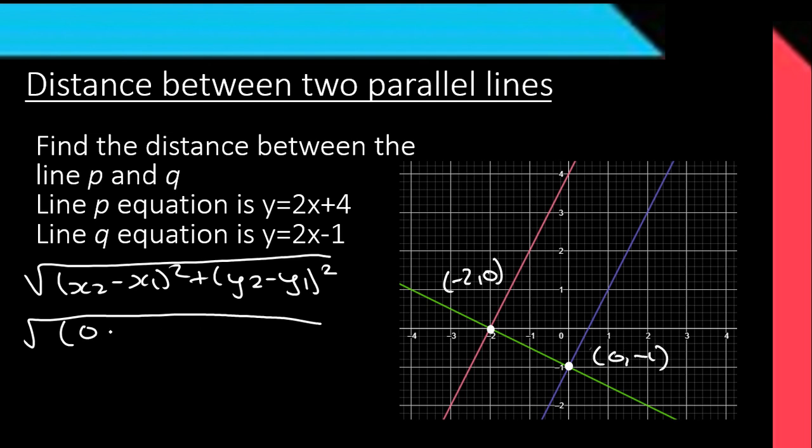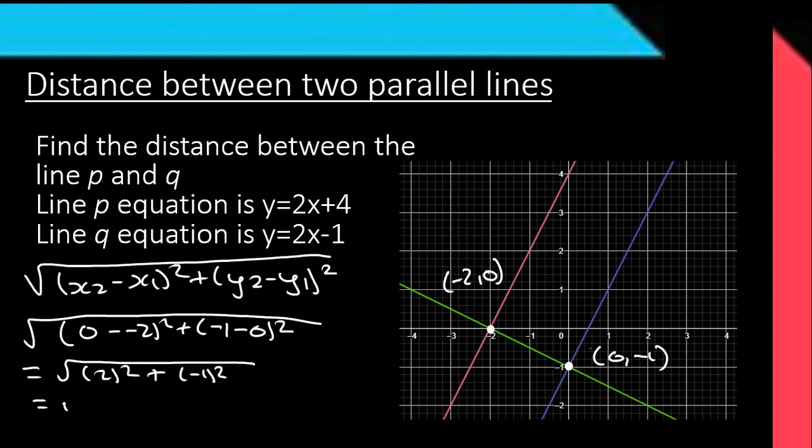So 0 minus negative 2 squared plus negative 1 minus 0 squared. This is going to just become 2 squared plus negative 1 squared, 4 plus 1, and it's the same as the last question, which is the square root of 5. And that's how you work out the distance between two parallel lines. You have to make sure you're looking for the perpendicular line that connects them together.